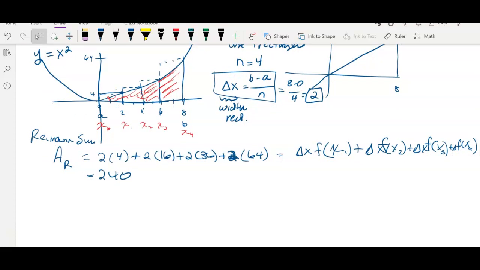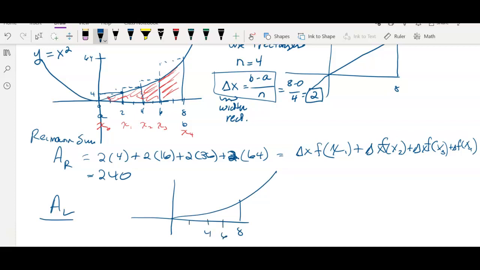So now I want you to figure out what this would look like if we did a left-hand sum. So I'm going to redraw the graph. Okay? So let's do a left-hand Riemann sum. I still have the same graph. I'm still going to 8. Now we know for sure I only need to put 0, 2, 4, 6. Notice my delta x does not change. If I'm still doing n equals 4, which you will be given, delta x doesn't change, right? That's still 2.